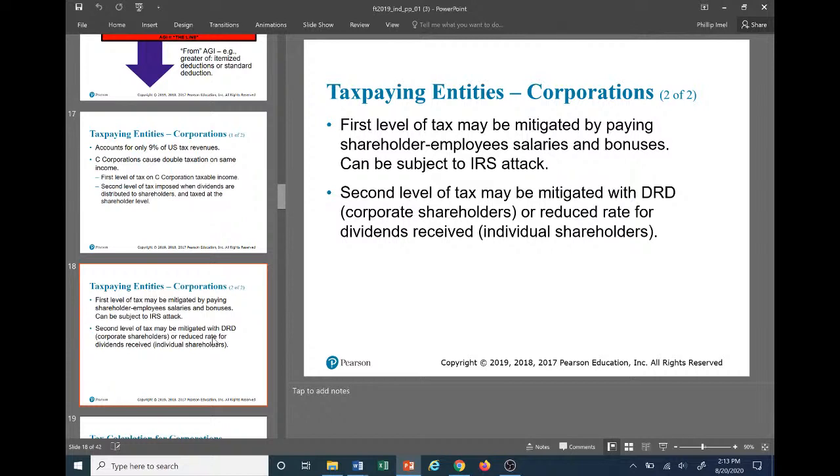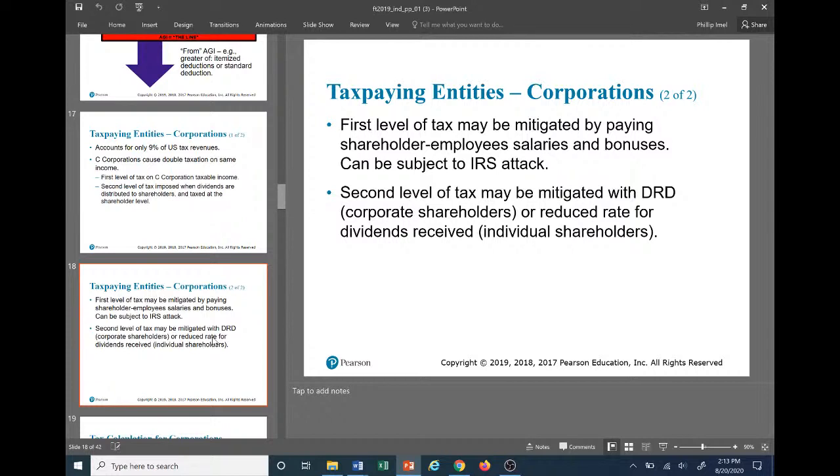It directly reduces your income tax liability. So we can see why the IRS might go after them if they're giving really big bonuses and salaries to their shareholders and employees, because in essence they're just reducing their income tax liability and pulling the money out. However, they do still have to pay their personal income taxes, but it kind of gives them that shelter. It allows them to operate under a C corp, but also pull their money out without being taxed twice. So just watch there. Be careful with that one.